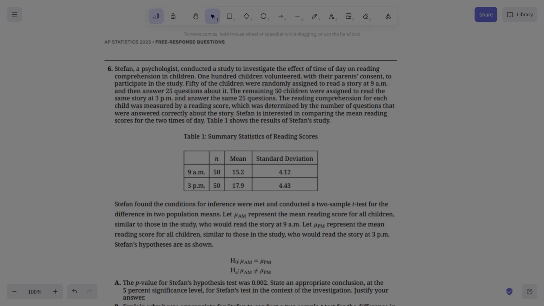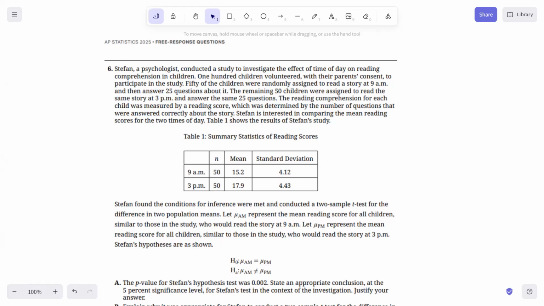How'd you do? Jumping into number 6, the dreaded investigative task. This dealt with comparing two means, AM versus PM reading sections. Part A asked us for a conclusion based on a p-value, and you had to interpret statistical significance in the context. Part B was more conceptual, why this was not a paired design.